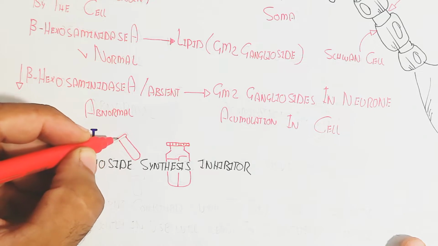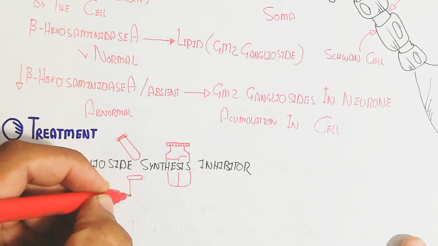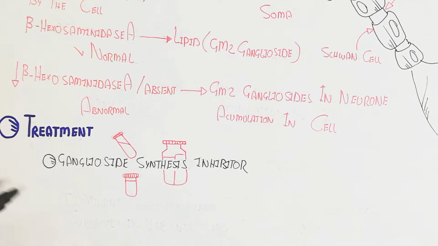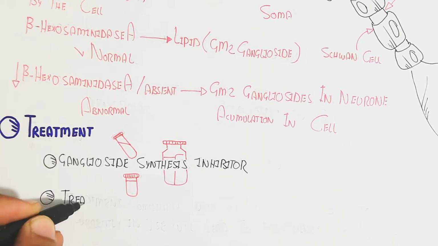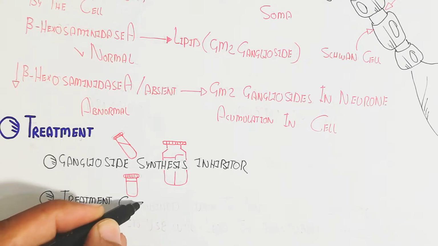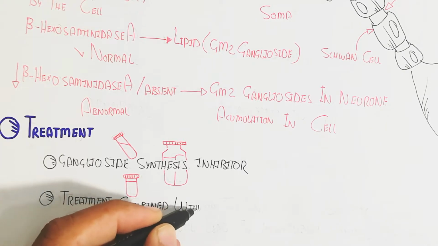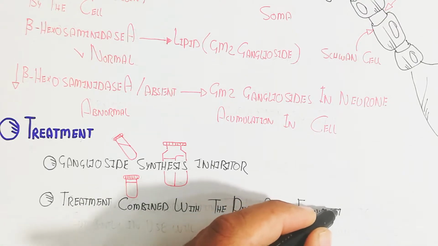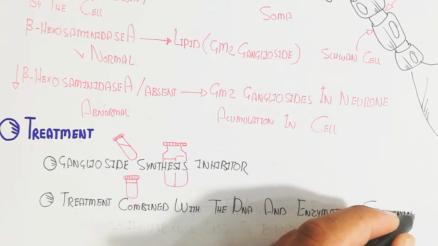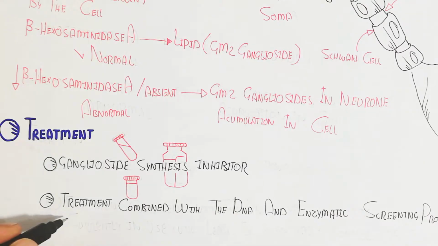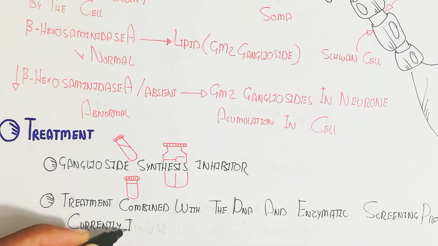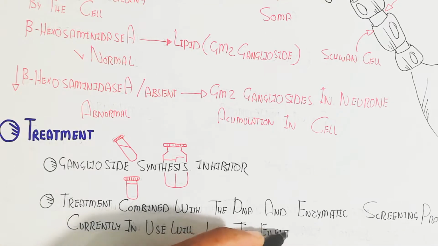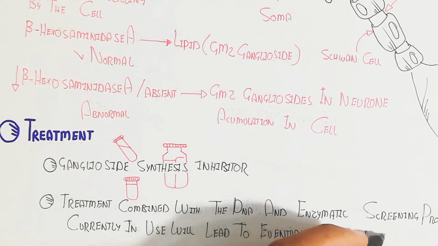The ganglioside synthesis inhibitor will inhibit the synthesis of ganglioside because the enzyme is absent, so you need to inhibit ganglioside synthesis with a drug. Treatment combined with DNA and enzymatic screening programs currently in use will eventually lead to control of this disease.